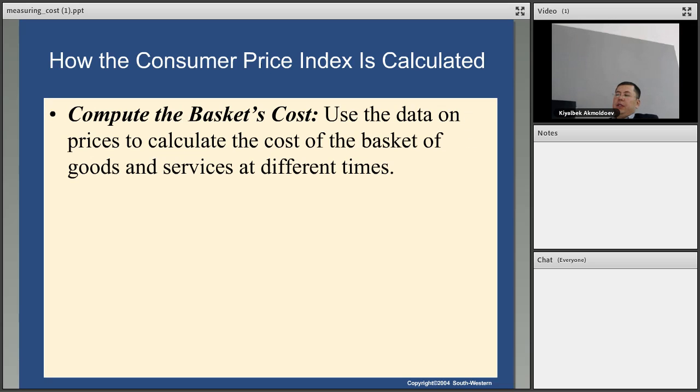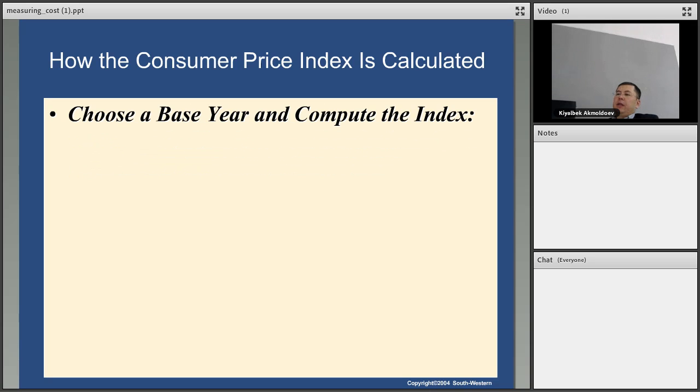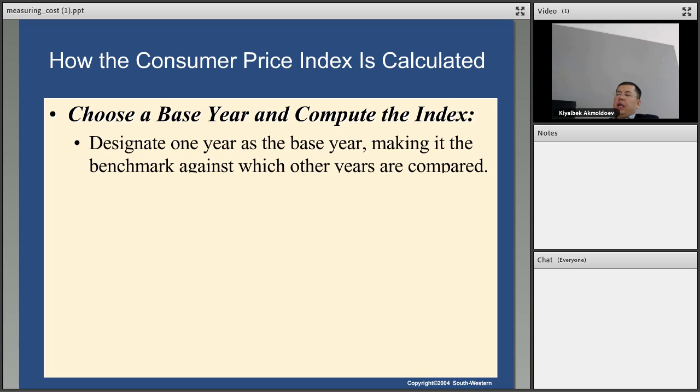Next, compute the basket's cost. Use the data on prices to calculate the cost of the basket of goods and services at different times. First of all, we choose a base year, and according to that base year we compare the change in price today. As mentioned here, we designate one year as a base year, making it a benchmark against which other years are compared.